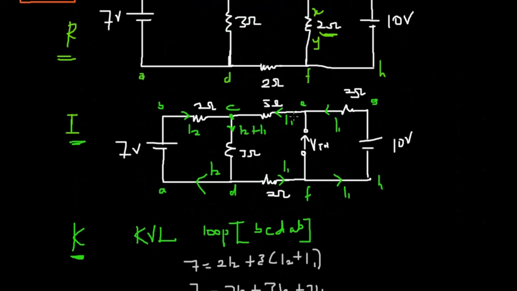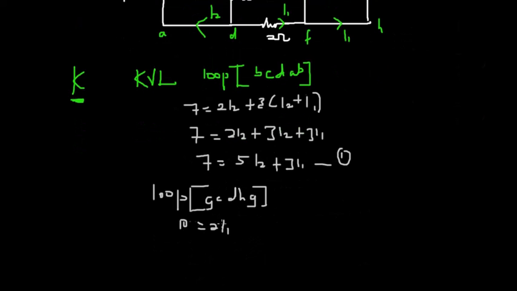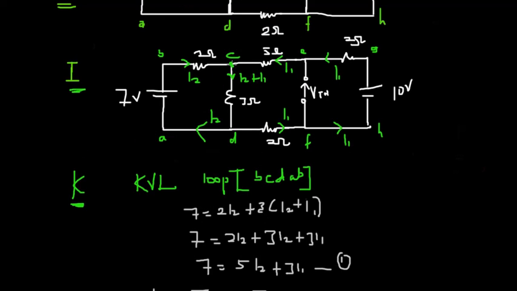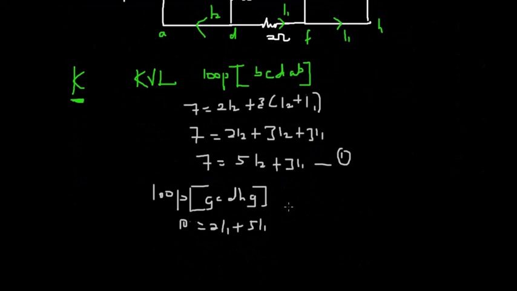It's moving in the same direction as the loop, so it's positive. So you have plus 2I1 and plus 5I1. Then you move on to point C, where the current splits, and you have I1 and I2.